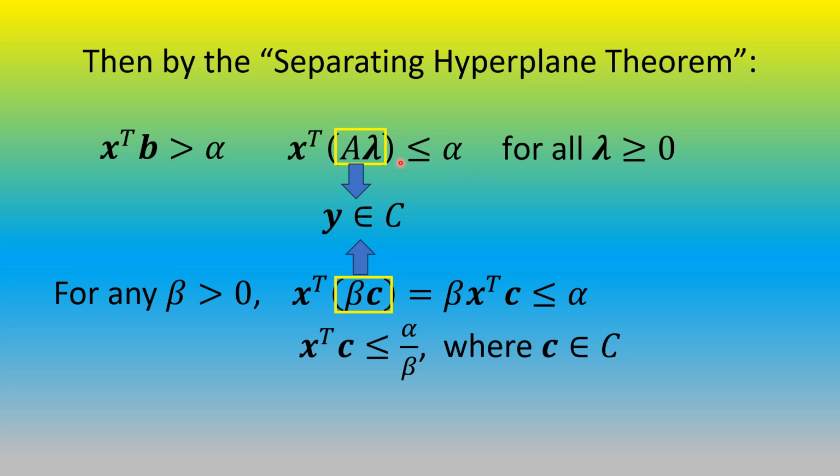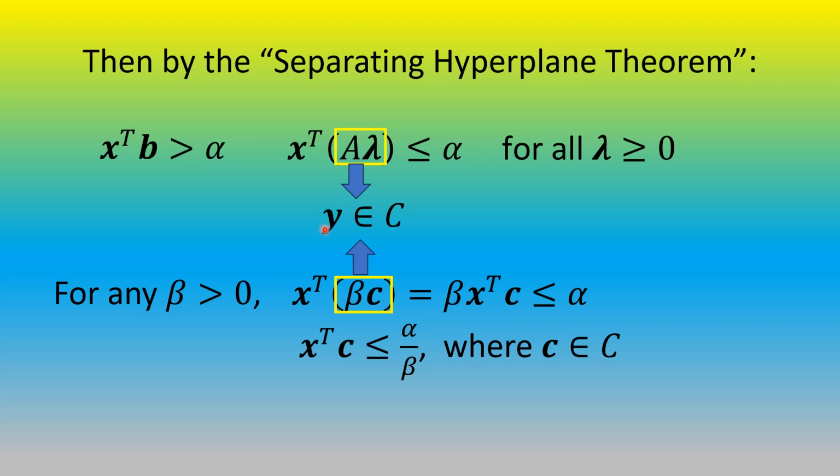And because it's in the cone, lambda must be greater than or equal to 0. That is, all components of this lambda vector are greater than or equal to 0.